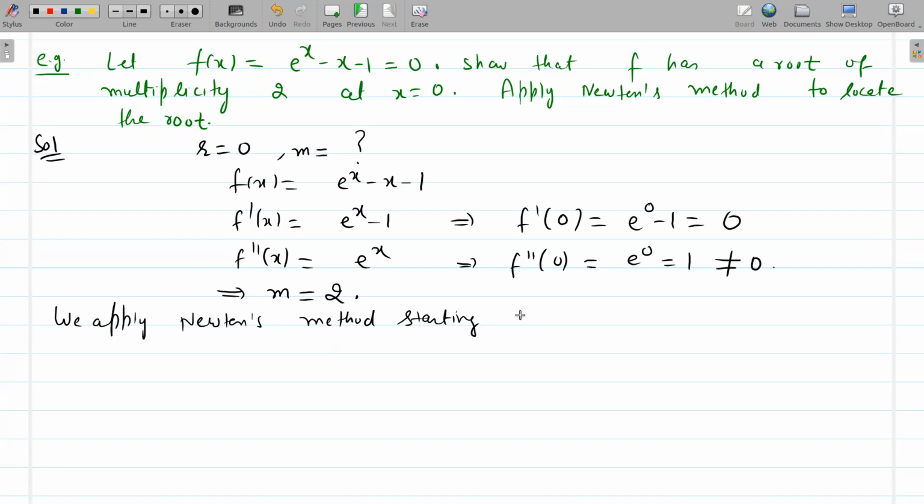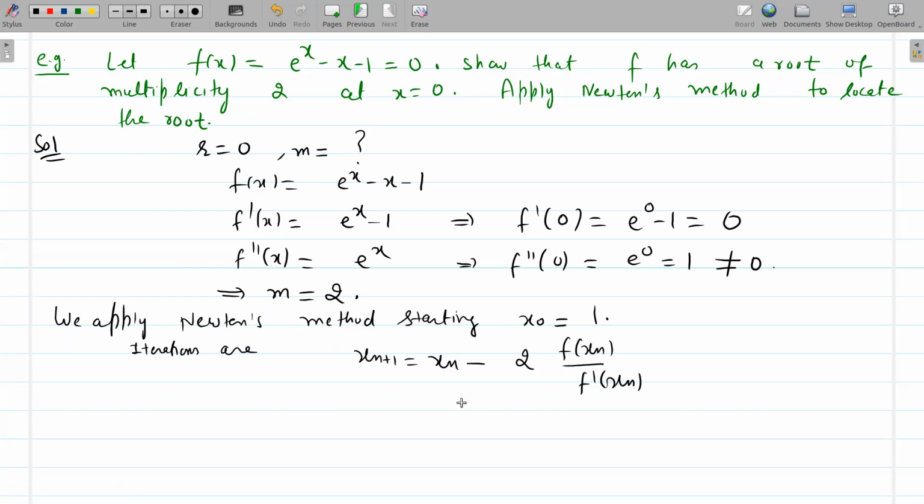So you apply Newton's method starting with any initial guess near 0. So I am starting with 1. Then the iterations are x(n+1) equals x(n) minus multiplicity m times f(x(n)).